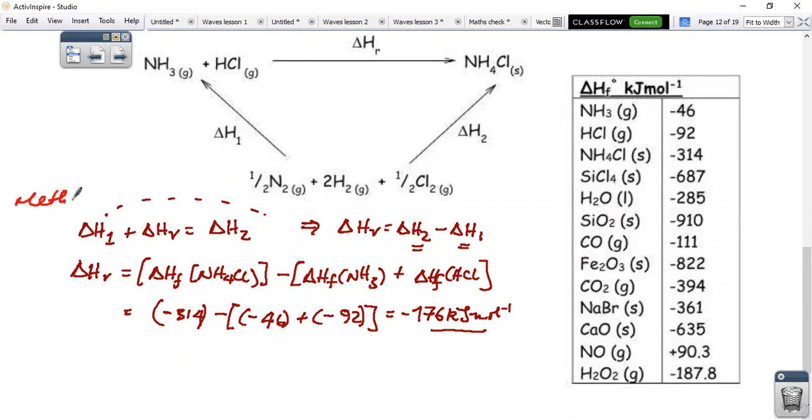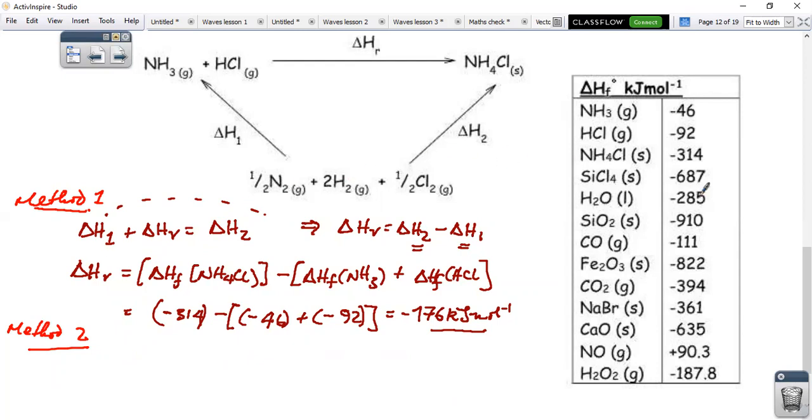So this was using method 1. Now we can use method 2 as well if you wanted to. Now for method 2 here, what are we going to be using? We're going to be using values for combustion as opposed to formation. So method 2, now I'm just trying to see if we've got some values of combustion here.